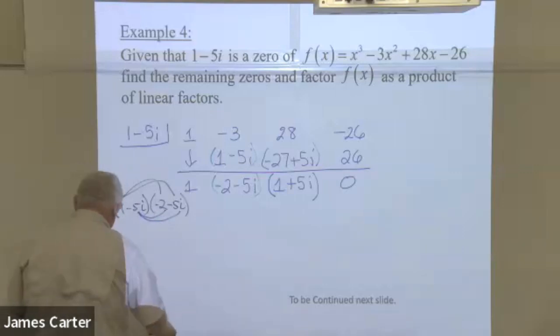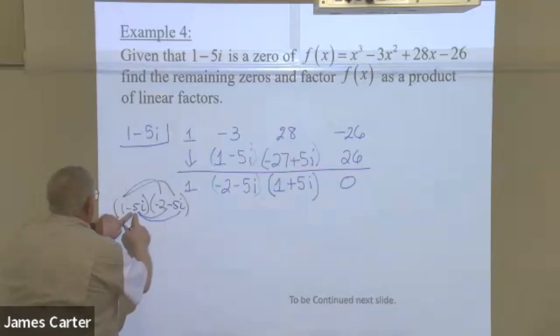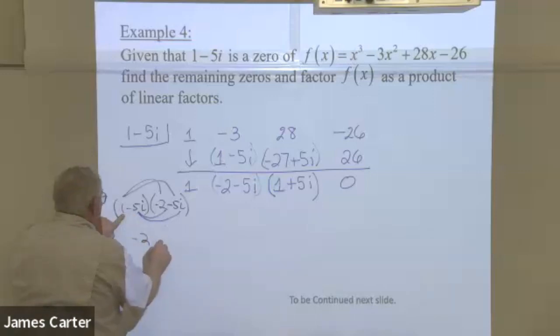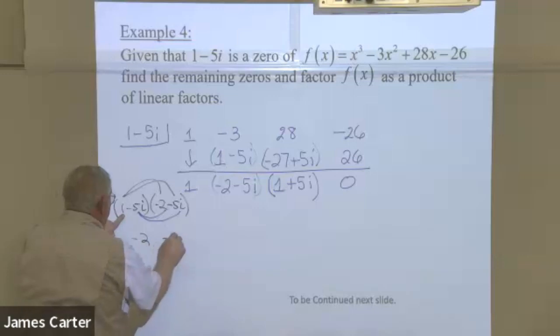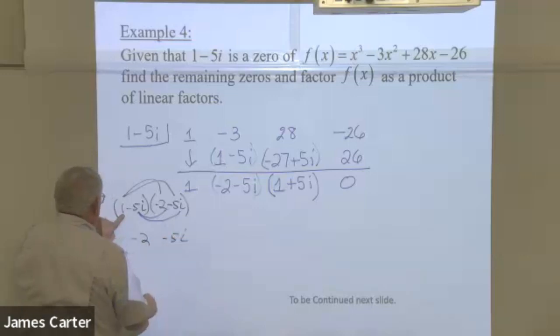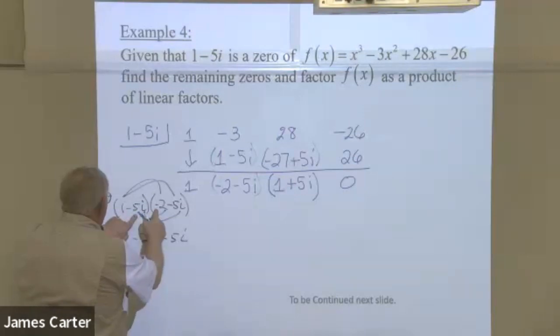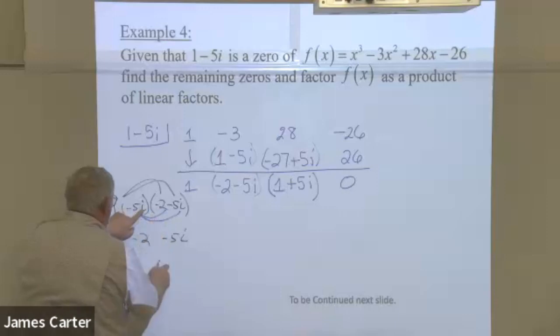Oh, I know what I did there. Okay, I'm first multiplying by this 1. And I get -2, and I get -5i. Okay, now I'm multiplying by this. I've got -5 times 2 is positive 10i.